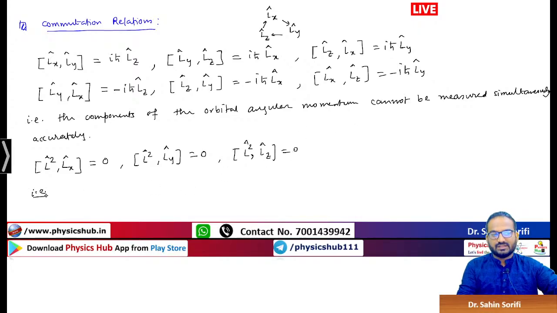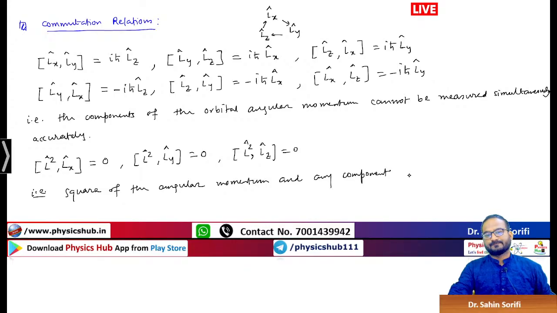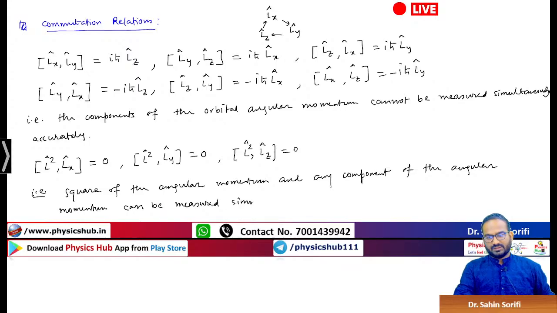Although we cannot measure the components simultaneously, the square of the angular momentum and any component of the angular momentum can be measured simultaneously accurately.